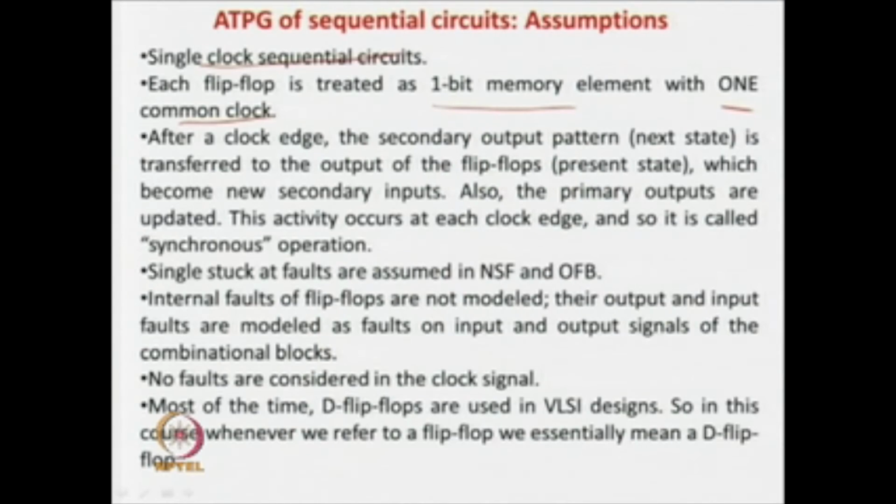The next assumption is that after a clock edge, we can assume that everything is working at the positive edge, that is, your secondary output, that is your next state, is transferred to the output of the flip flop, that is the present state, and it becomes the new secondary input. Also the primary outputs are updated. This activity occurs at the clock edge, so it is called a synchronous operation.